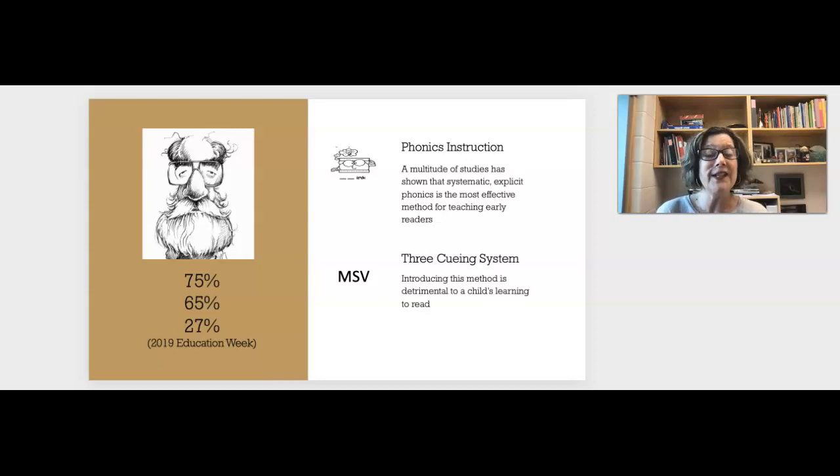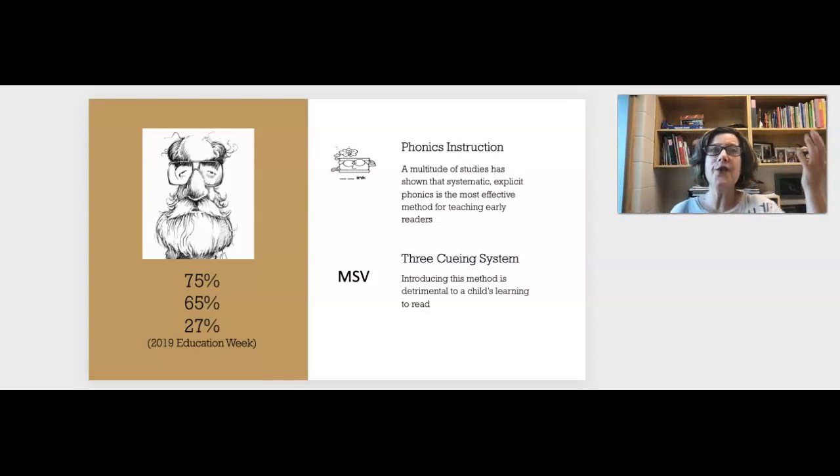65% of teachers said that their districts selected their primary reading programs and materials, while 27% said that the decision was up to their school. So you have a lot of teachers that are teaching balanced literacy because that is what is handed down to them from their district, which is fair.